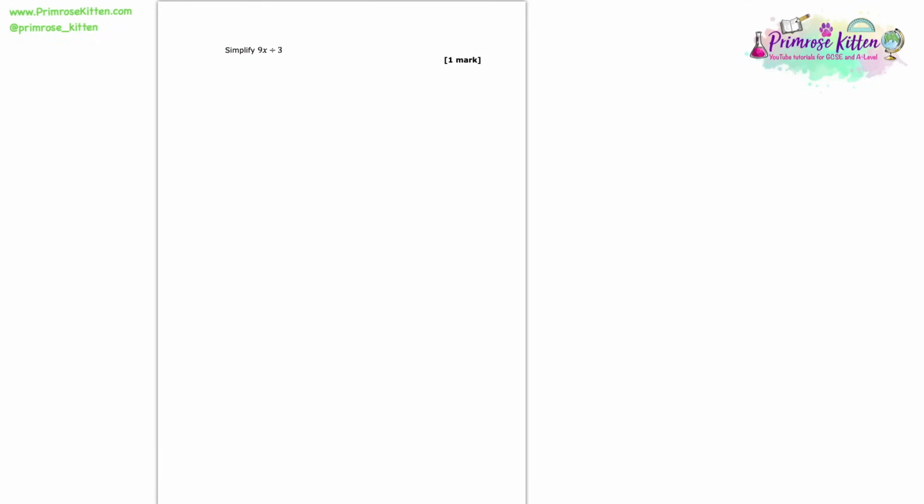So here we're asked to simplify 9x divided by 3. So here you can see we've got a mixture of numbers and letters. Now the thing to remember is that you divide the numbers by the numbers and you divide the letters by the letters. So here you can see we have 9 divided by 3 essentially. So we know that 9 divided by 3 is equal to 3.